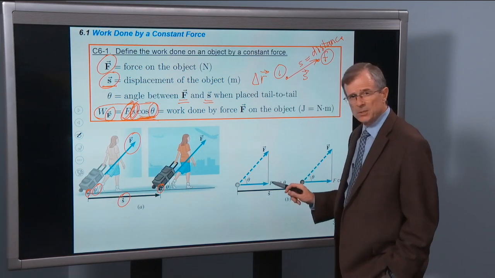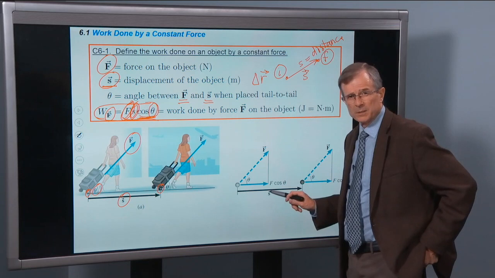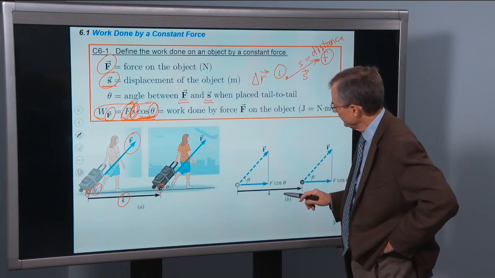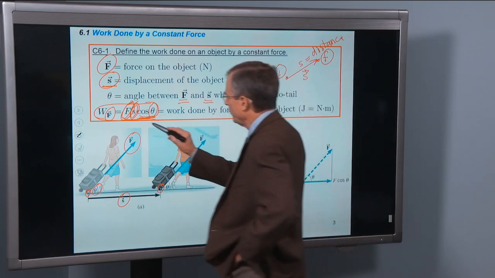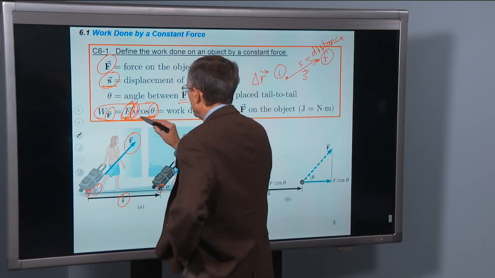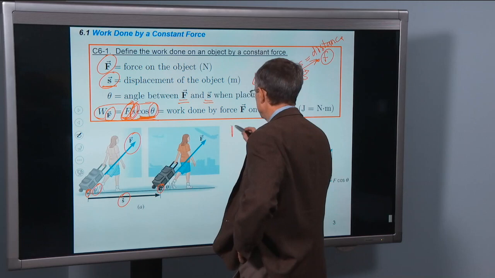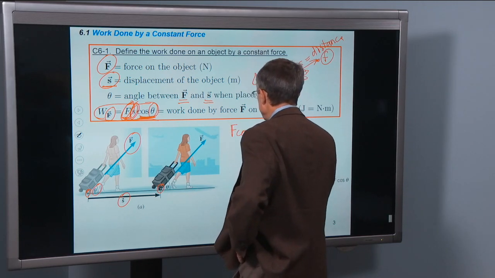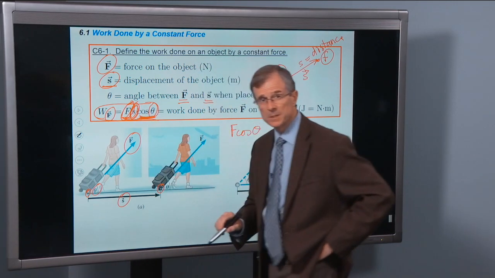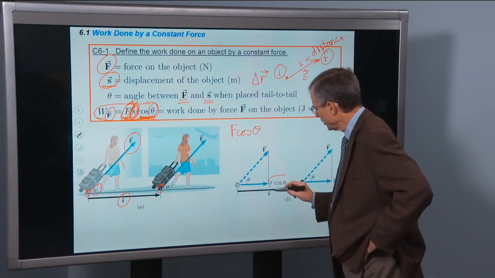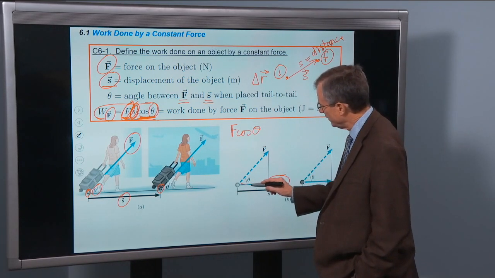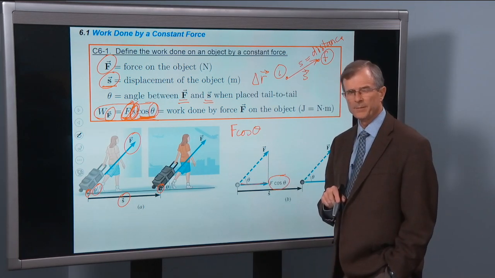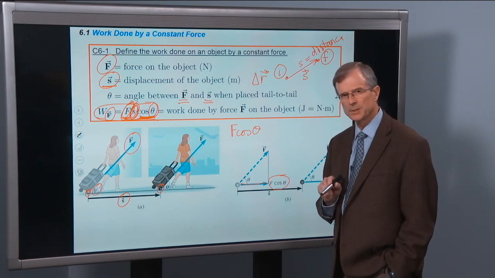It's interesting and important to note that this piece of the force, the F cosine theta, ignoring for the moment the distance s, is actually the component of the force in the direction of the displacement.